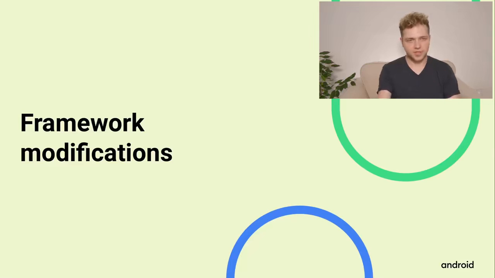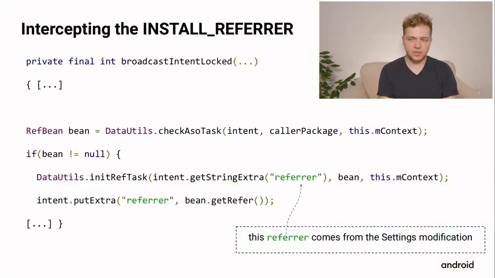So this brings us to framework modifications. The browser does kind of all the online activities that are needed. And this makes sense because the user is less likely to see that the browser is doing something nefarious when it connects to the internet, right?